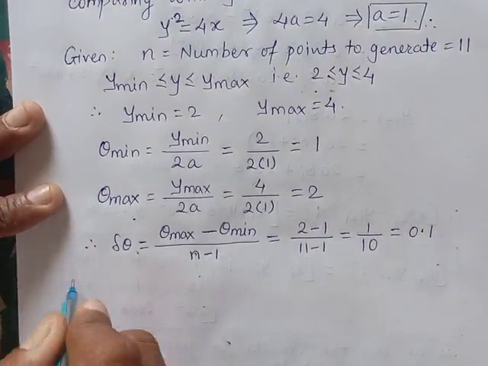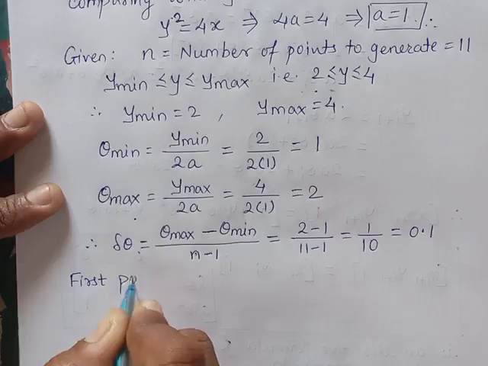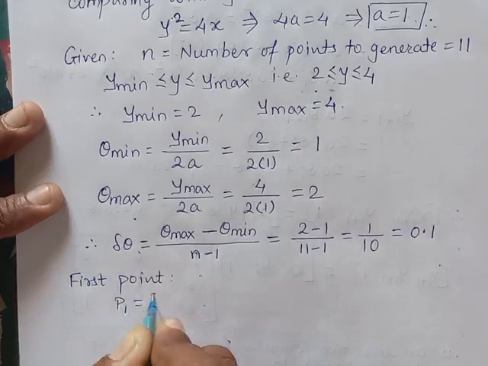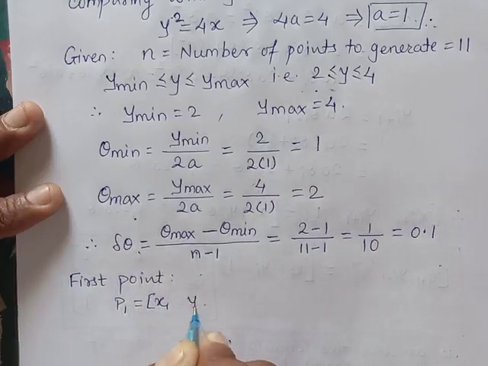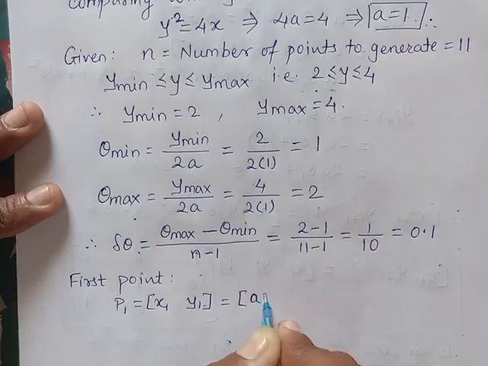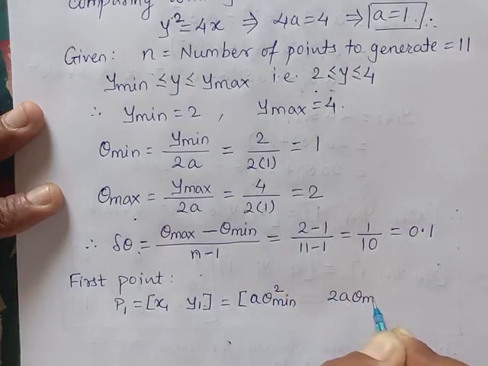Now the first point, that is P1, is x1 y1. And that will be a theta minimum square, 2a theta minimum.